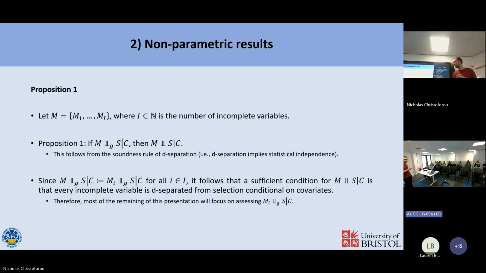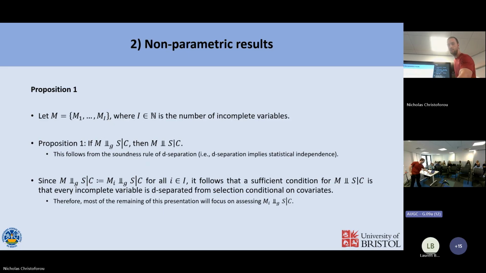So it's not something I feel makes sense for us to discuss too much today. But the point of this proposition is that it allows me to focus my attention on individual incomplete variables one at a time, because then I can just invoke proposition one and make conclusions for the whole thing.